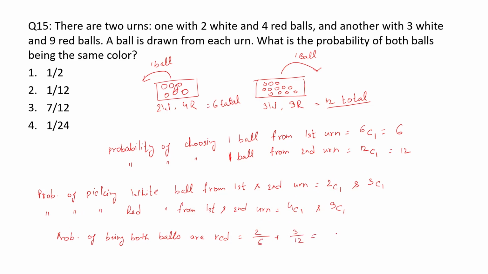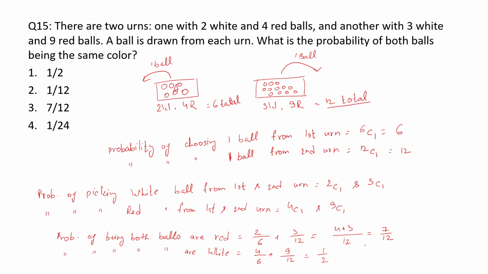Just solve this. LCM will be 12. So it is 4 plus 3, so 7 upon 12. Probability of both balls being white. So the probability of white is 4 upon 6 plus 9 upon 12, and that is equal to 1 upon 2.